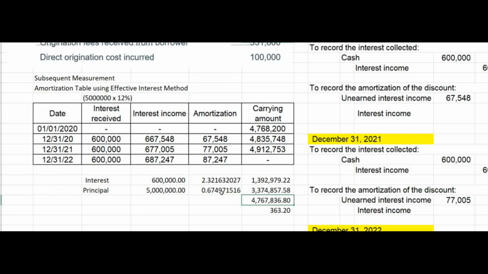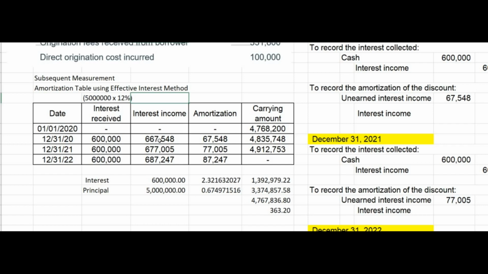So that we can say that the interest you used here, which is 14%, is really the effective or the true interest rate applicable for this loan. Now, what is the significance of that effective interest? That effective interest rate is what we will use in computing our interest income.